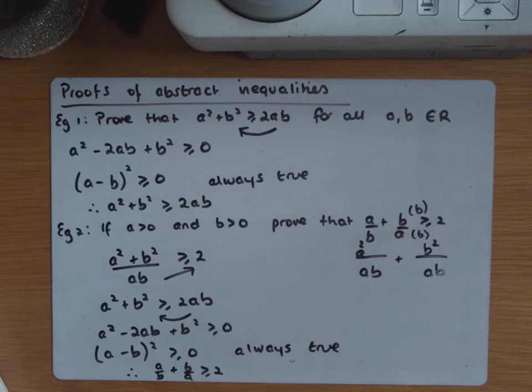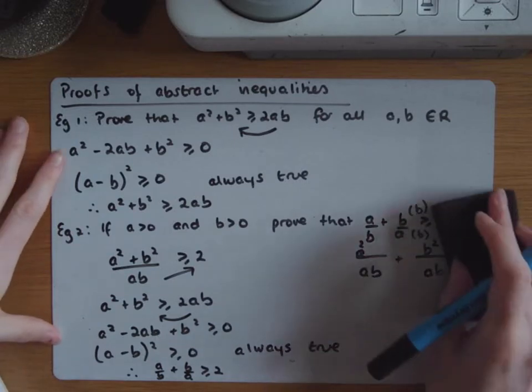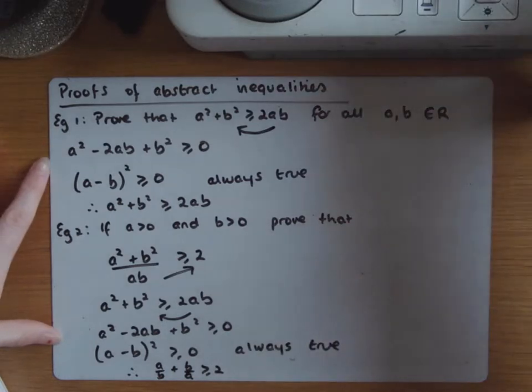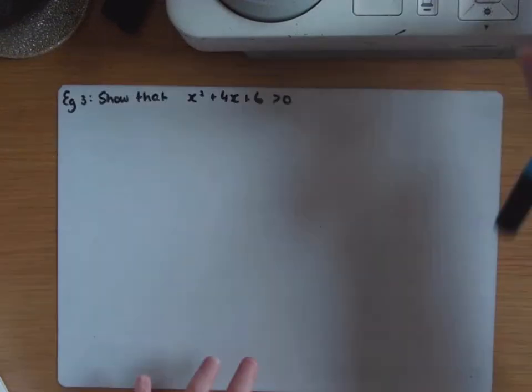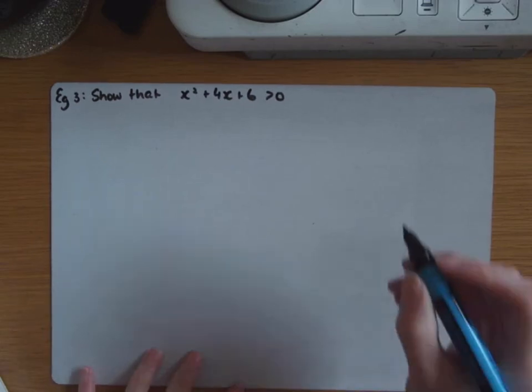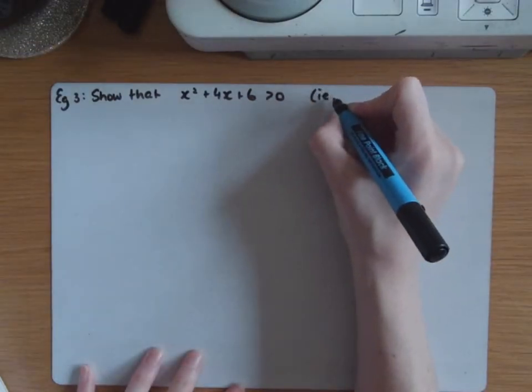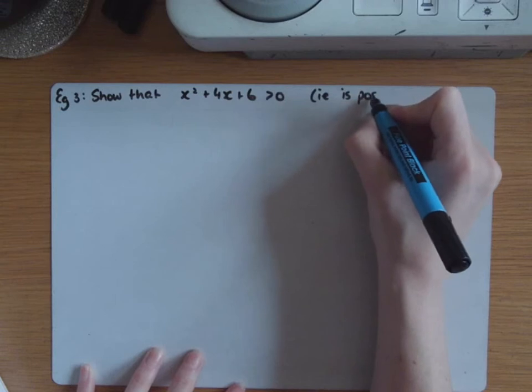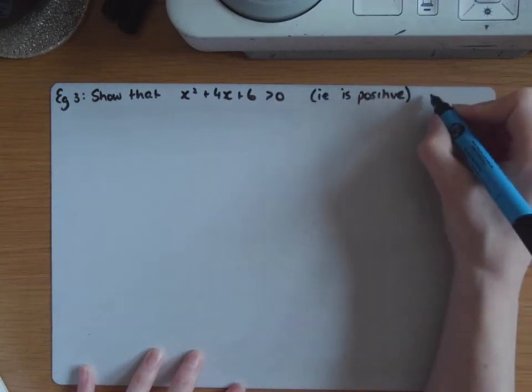Okay, and just one more example. Show that x squared plus 4x plus 6 is greater than 0, i.e. is positive.